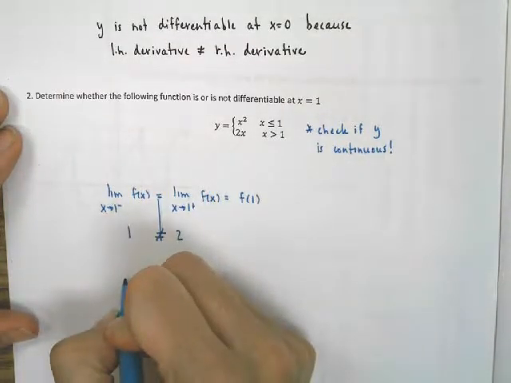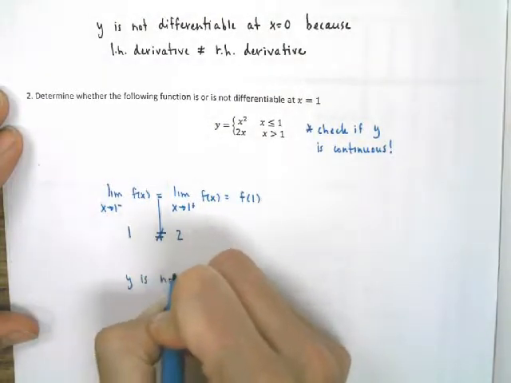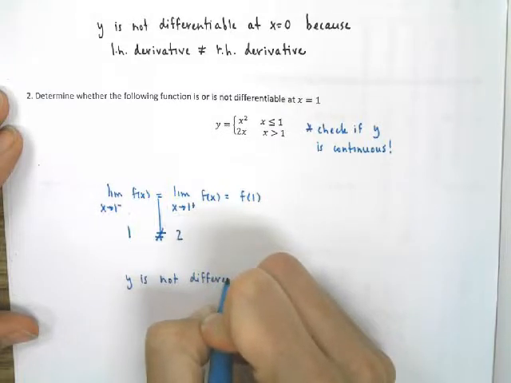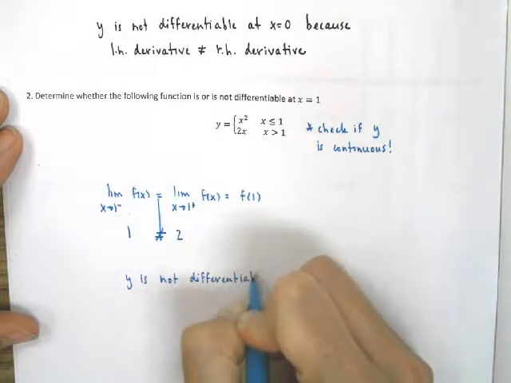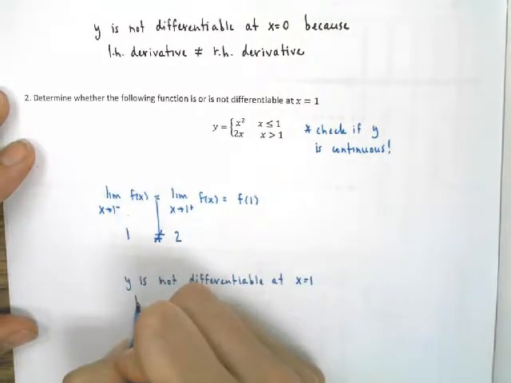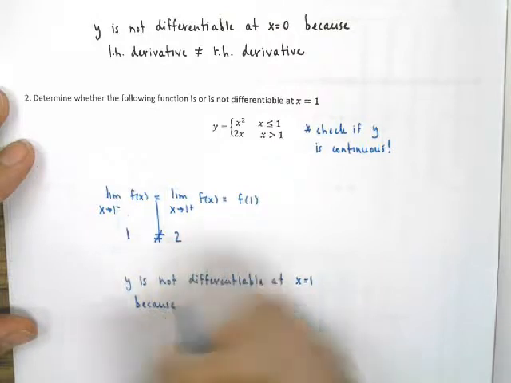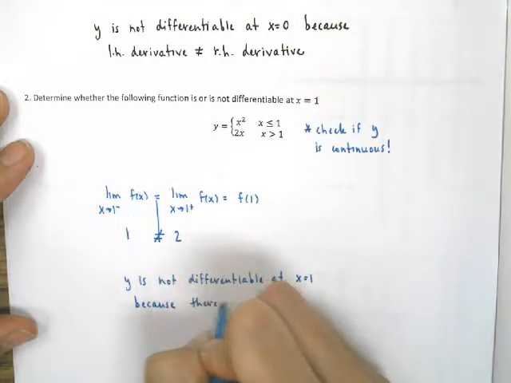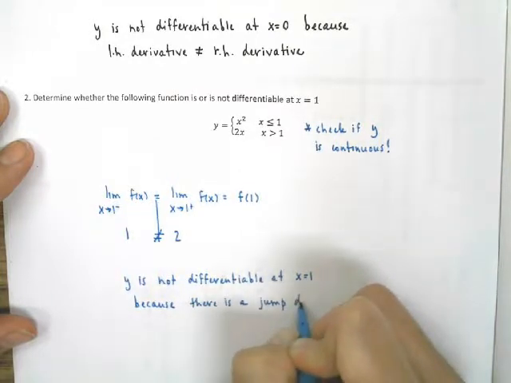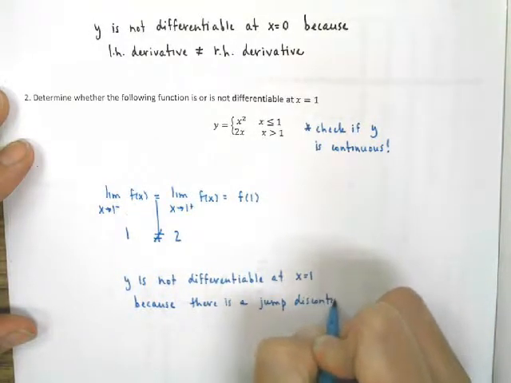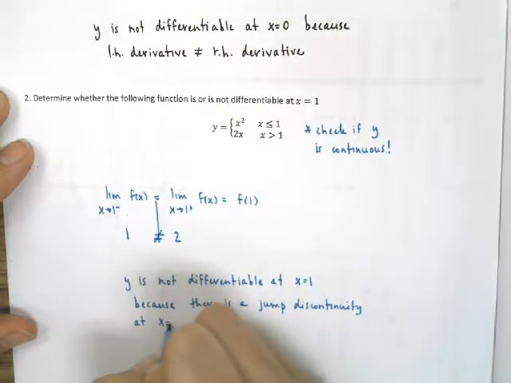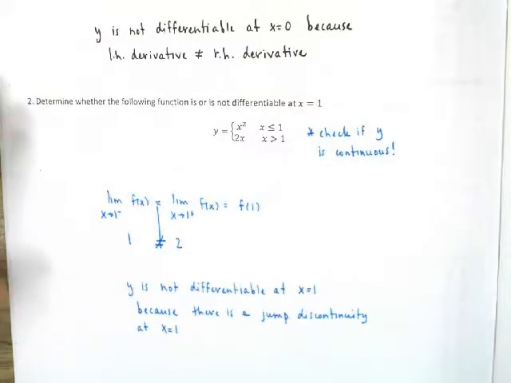So we would say that y is not differentiable at x equals 1 because there is a jump discontinuity at x equals 1.